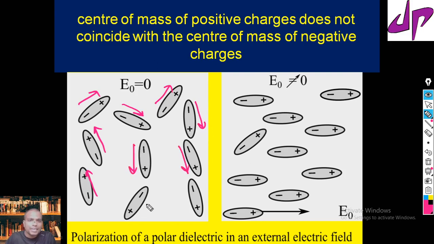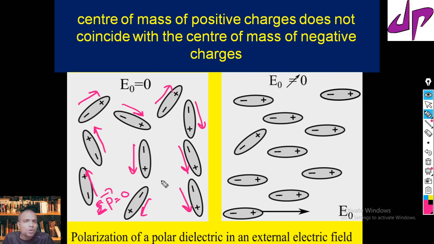If you take them, they are all randomly oriented. So the sum of the dipole moments, sigma p, in this case equals 0, because they are randomly oriented. The dipole moment is a vector, so we can add it up.